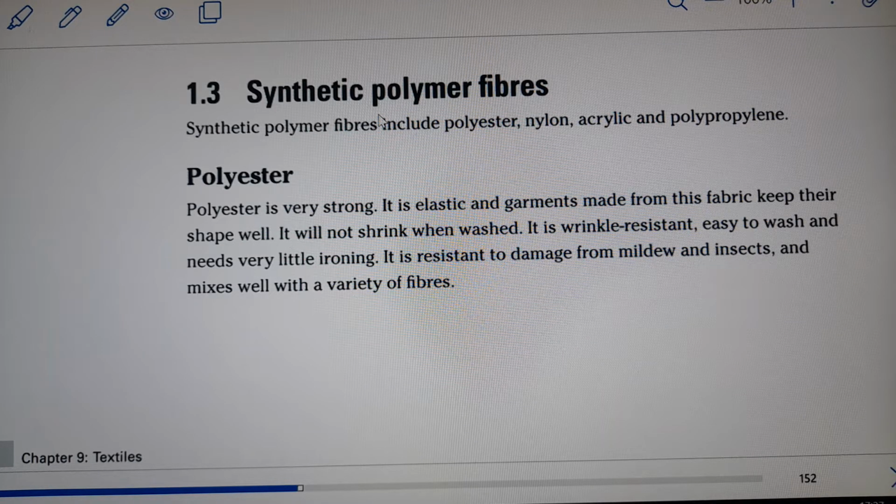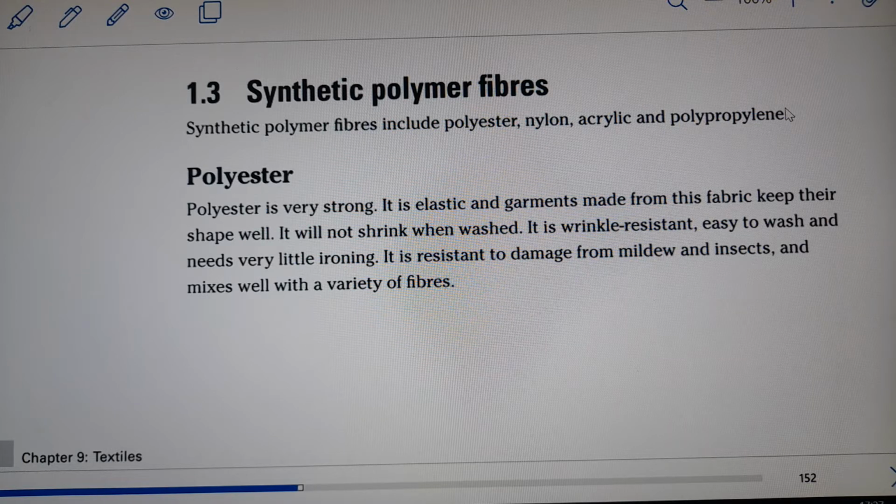the synthetic polymer fibers. We have already learned the definition for synthetic fibers. We'll go through it again. At the top, they say synthetic polymer fibers include polyester, nylon, acrylic, and polypropylene.